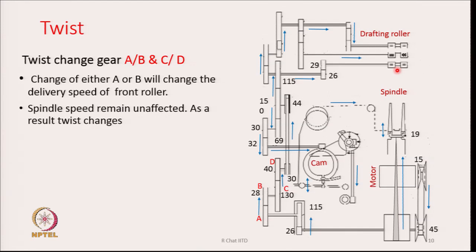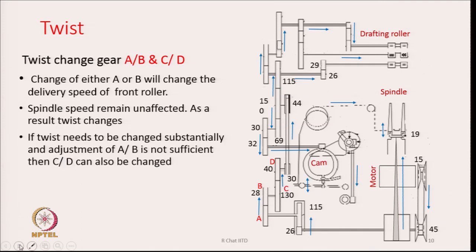That means this delivery speed is going to change. However, these gears do not affect the speed of the spindle, because spindles receive speed from this jockey pulley which is here. So, spindle speed remains constant, only the delivery speed by the drafting rollers changes, and therefore, twist is going to change.